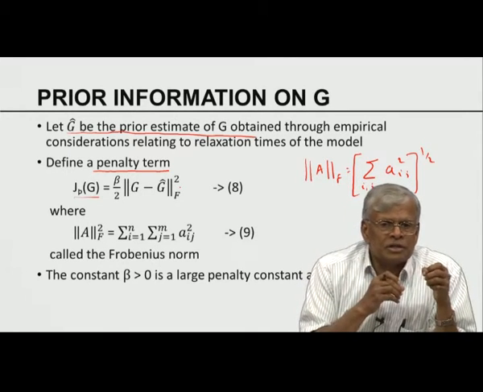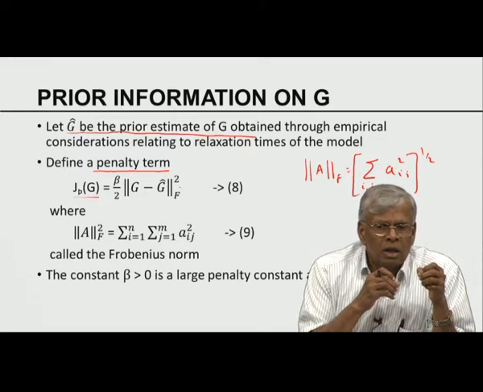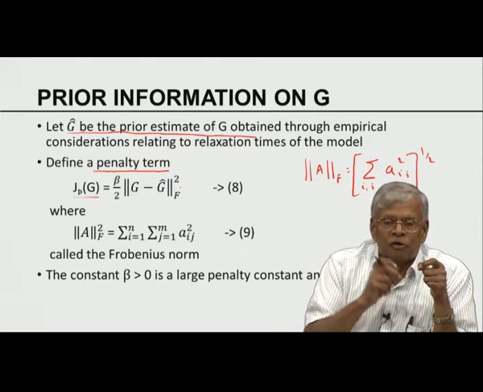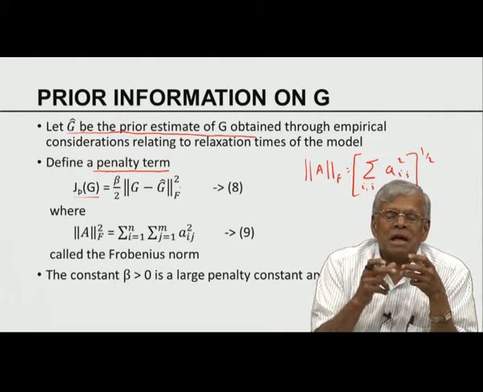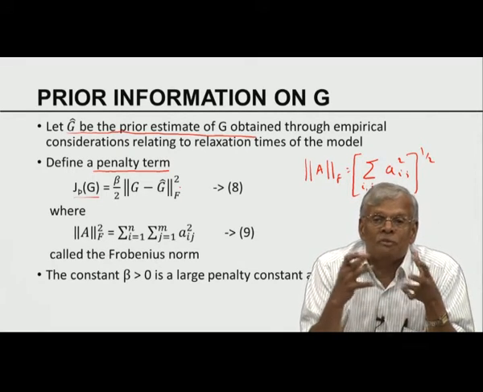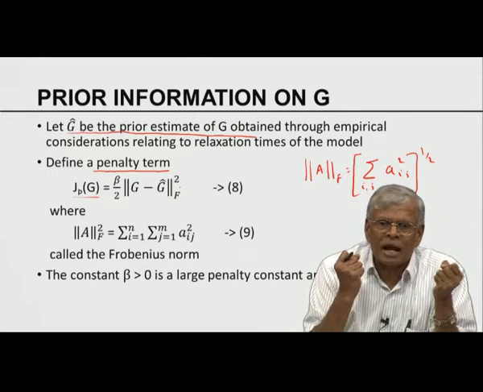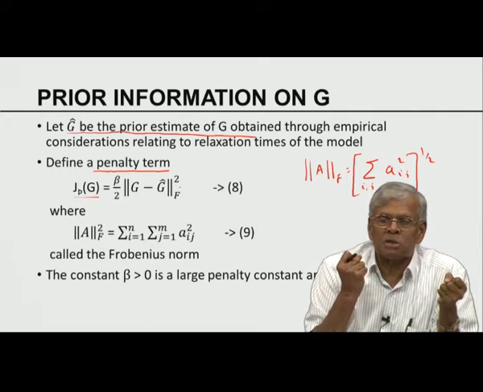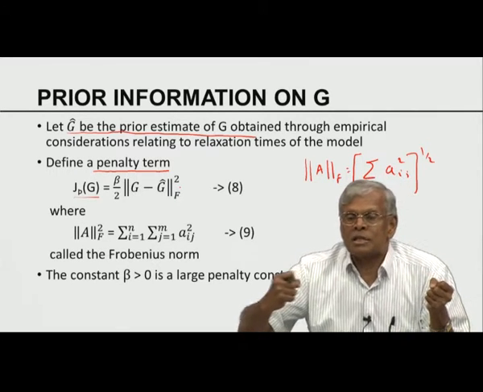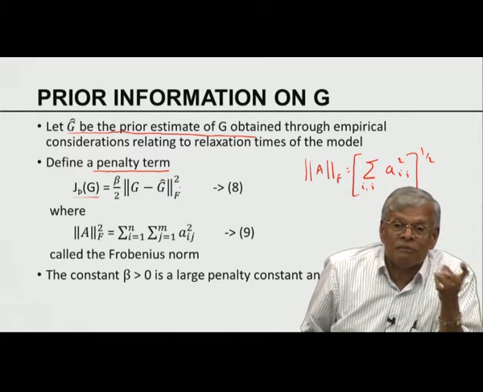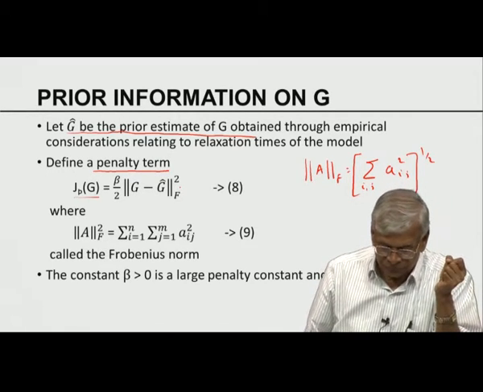I am trying to design G optimally, based on the sums of forecast errors. At the same time, I don't want my G to be far removed from G hat because G hat has already worked. So I want to find an optimal G that is a compromise between minimizing the sums of forecast errors and not going too far away from G hat.